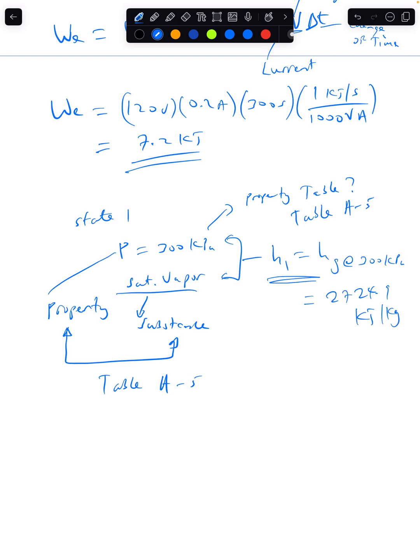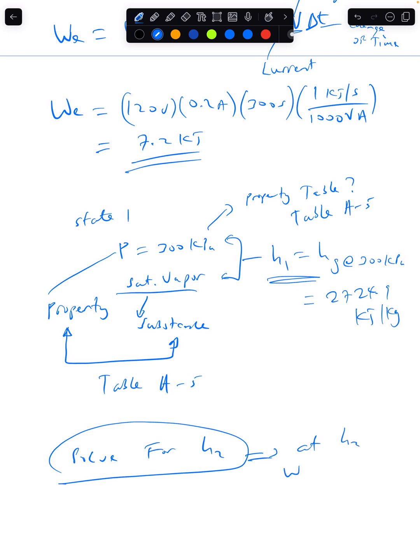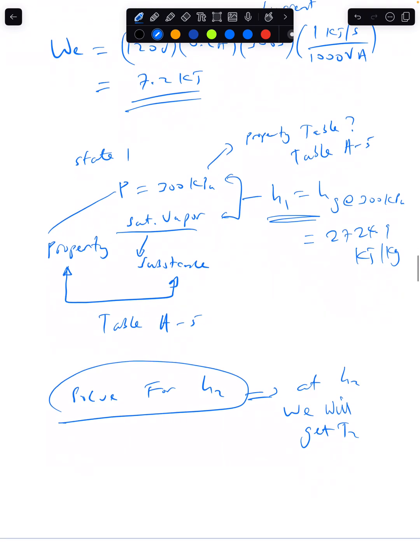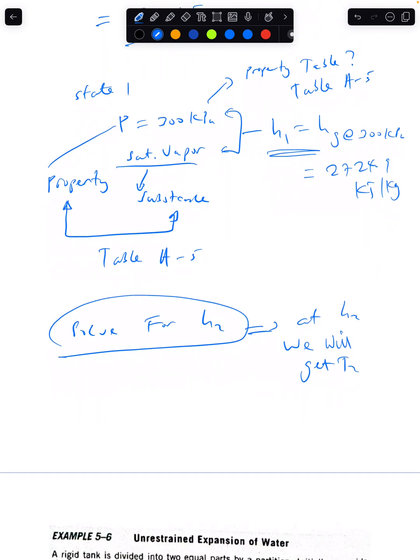So I have H1. Now I move to solve for H2, because at H2 we will get T2, and it is still the same process that is undergoing change of energy.